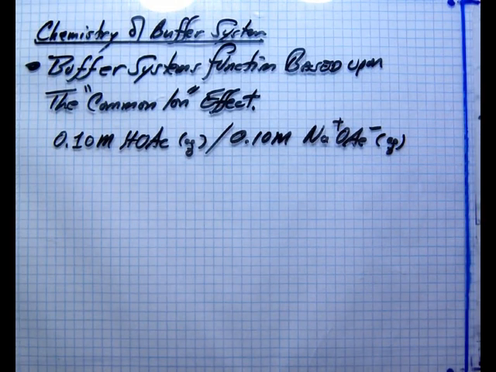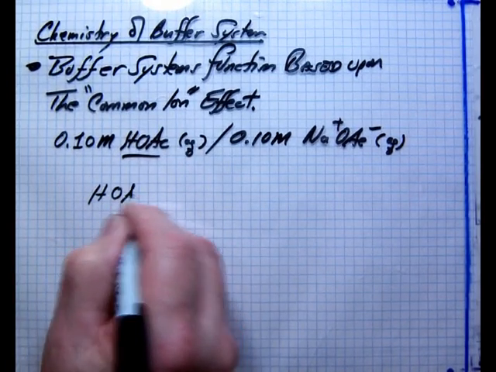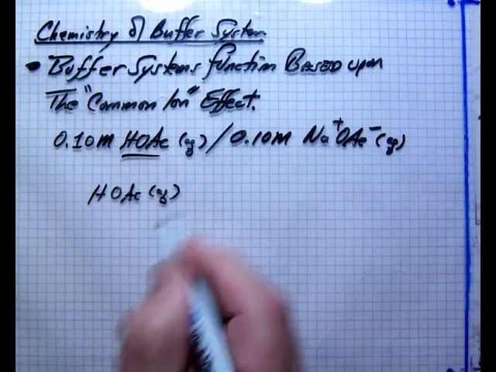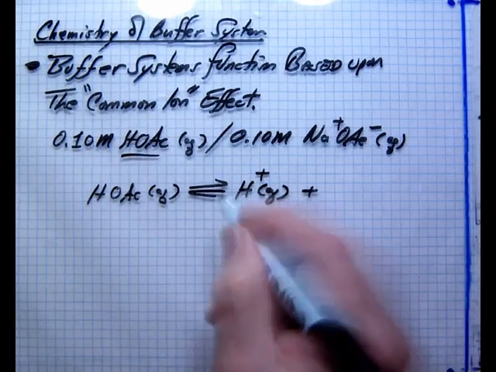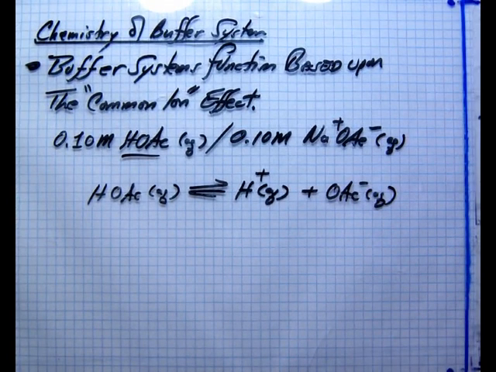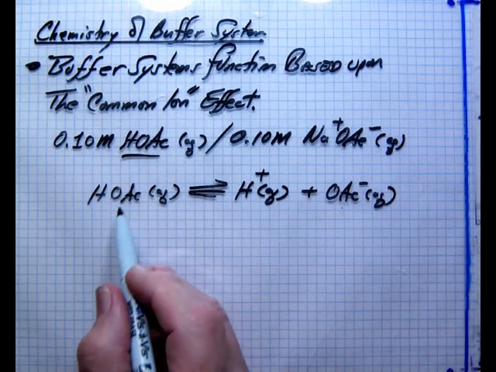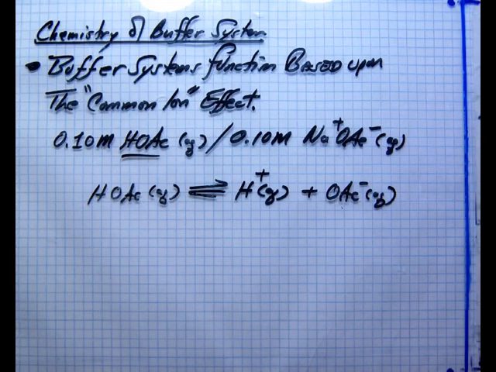Well, the nature of this is based upon a weak acid, acetic acid, in which the acetic acid in aqueous solution will ionize, to a certain extent, to deliver hydronium ions and acetate ions. By itself, without any interference in the solvent, water, it will ionize in equal parts. You will have acetic acid delivering the same amount of hydronium ion and acetate ion.